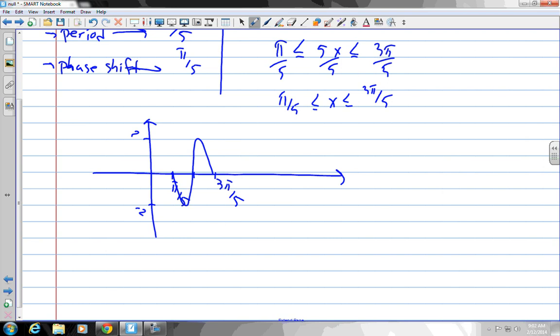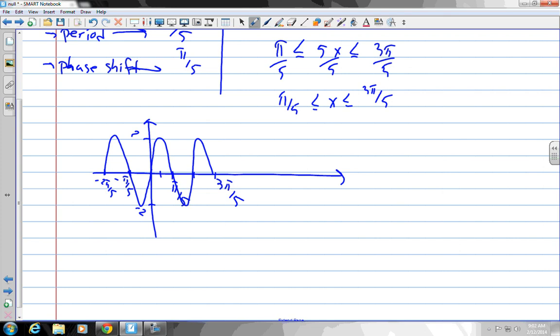Is that okay? So if I go back, it'll actually go through the origin again. Looks like it, right? And this is negative pi over 5. It will do that. This is negative 2 pi over 5. And of course, those peaks are going to be at pi over 10 and so forth, half distances.